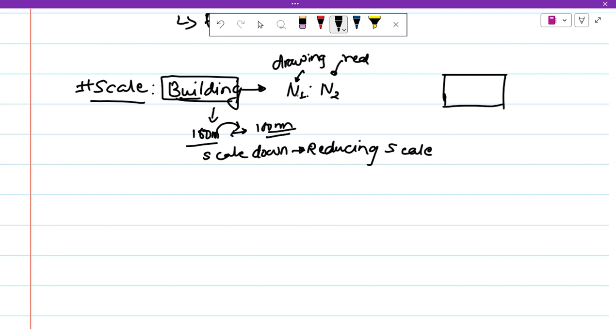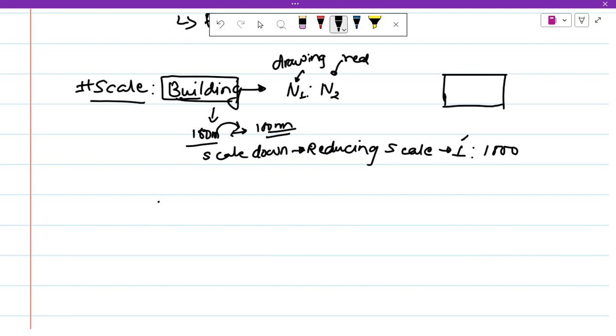For the reducing scale, the drawing sheet scale is less. Let's assume 1 is to 1000. This is the reducing scale because the sheet is less than real.